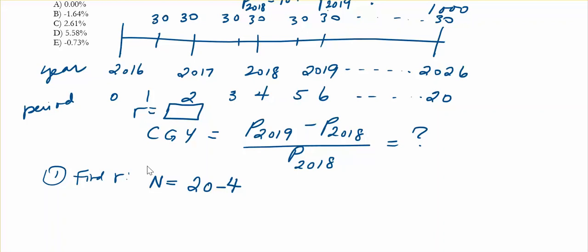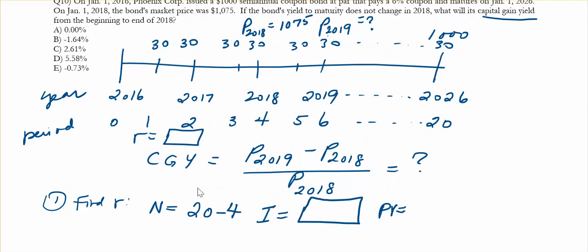All that we care about is what is the maturity of the bond at this date, which is actually 8 years to go until maturity. We want to know what the 6-month rate is. The price, let's look at the timeline, is negative 1075. Remember that negative sign when you're putting in price. PMT is 30. FV is 1000. Solve for I. N equals 16.